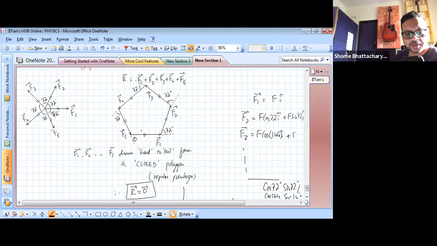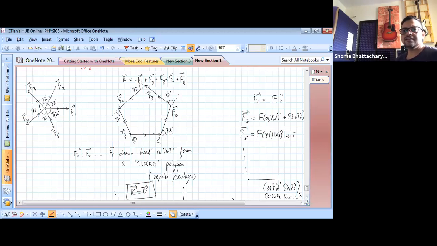So next, I'm going back to 9th question. Yes, if they were unequal, then they might have been non-zero. The different angles also could have been non-zero.